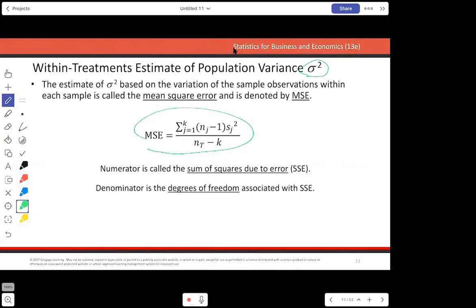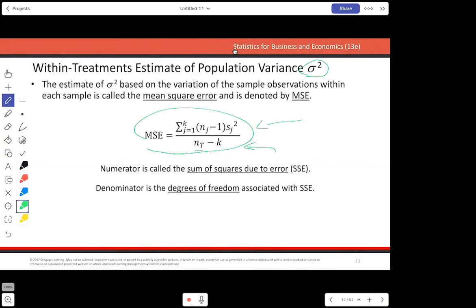We will get that variation and add it all up together. When we add that all up and divide by the total sample size minus k, that's the degrees of freedom in this case. So that becomes the denominator degrees of freedom.